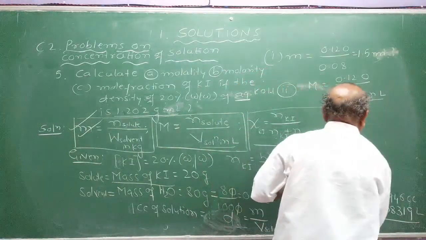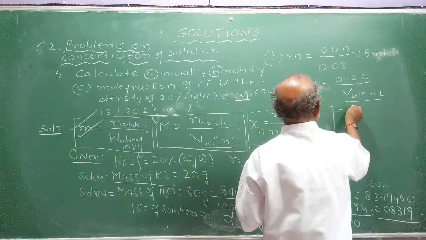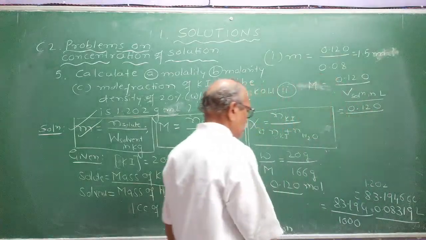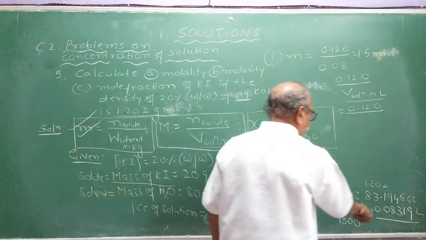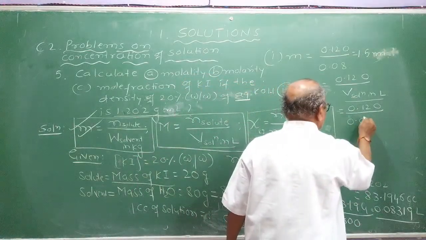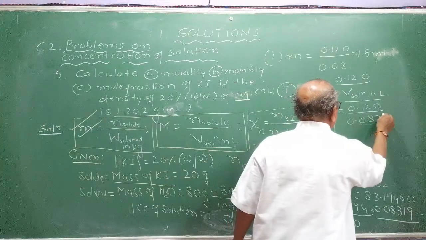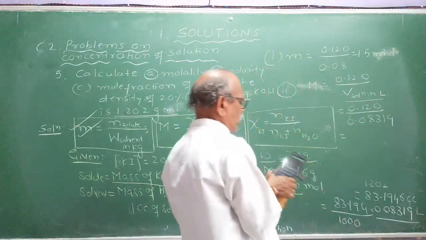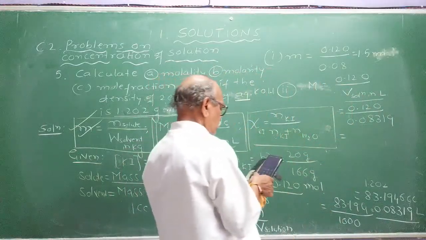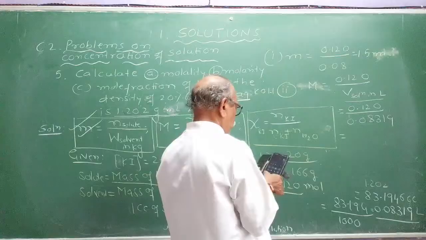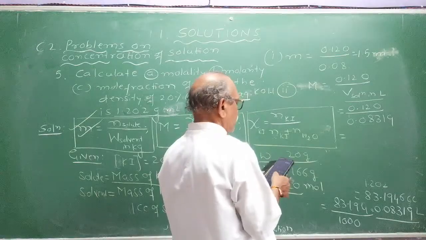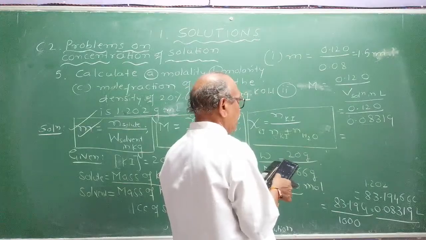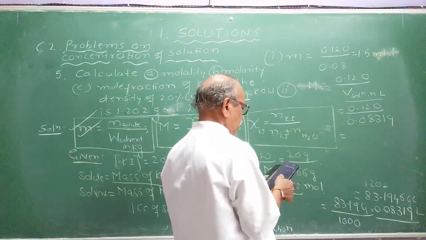It's very easy. So what is the number of moles of the potassium iodide? 0.120. Total volume of the solution will be 0.08319. Now you divide and get the close value, 0.120 divided by 0.08319.